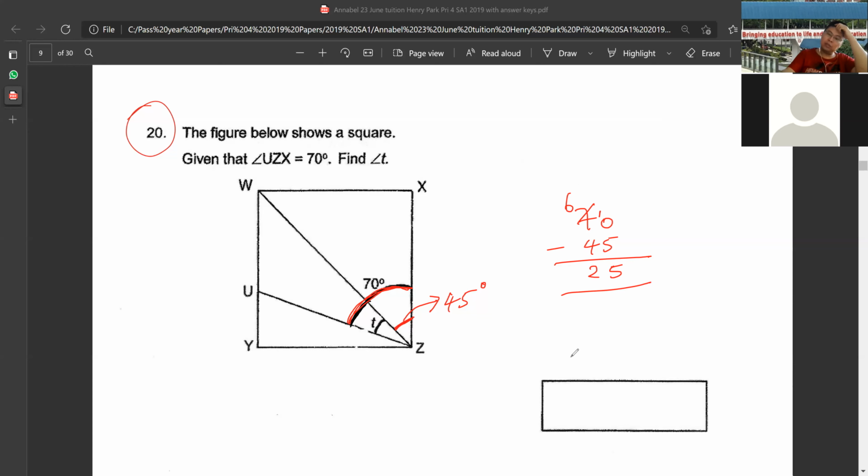So what's the angle T? 25 degrees. Just now you said 35, right? Twenty-five degrees. Okay.